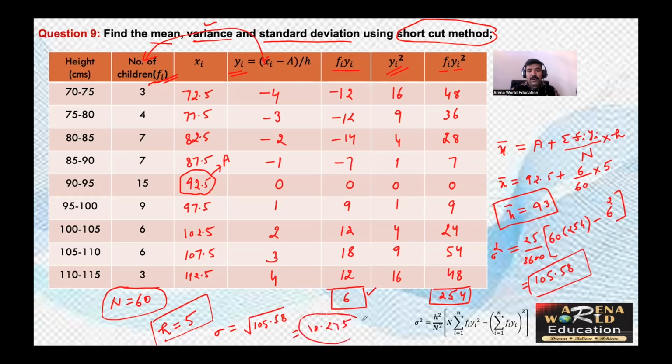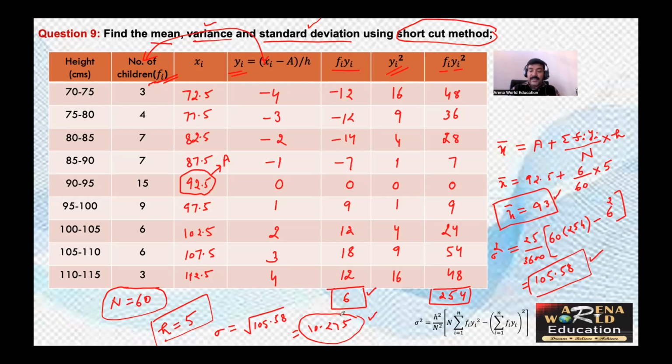And this is your required standard deviation. In this question, we have calculated mean, variance, and standard deviation, and by using shortcut method. I hope everybody is clear. So here mean is 93, variance is 105.58, and finally standard deviation is 10.275, or you can write 10.28, right?